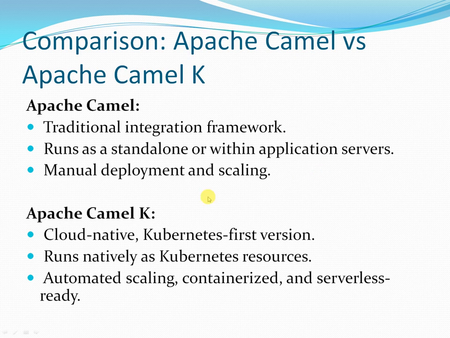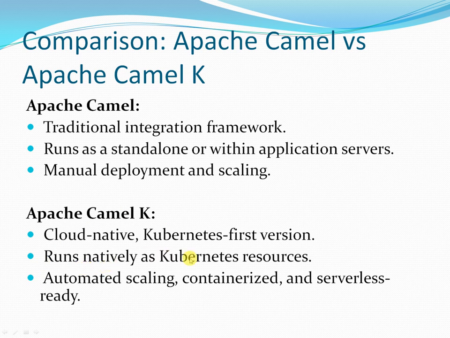When we go with Camel K, it's cloud native. So you can develop in Camel K and deploy in any cloud. It's a Kubernetes-first version, which means that you can go with Azure or AWS or Google Cloud also. Wherever Kubernetes is available, you can deploy in that environment.